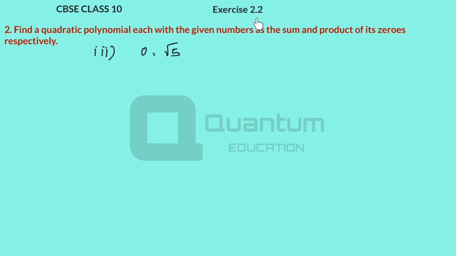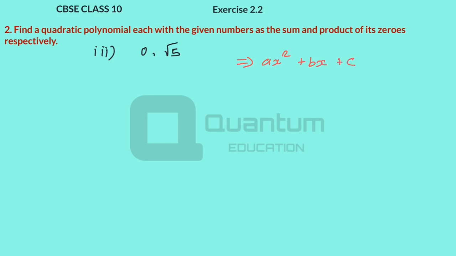Exercise 2.2, second question: find a quadratic polynomial each with the given numbers as the sum and product of its zeros. We want to form a quadratic polynomial, and we have the sum of zeros and the product of zeros. So let's start. As we know, the general form of a quadratic equation is ax square plus bx plus c.